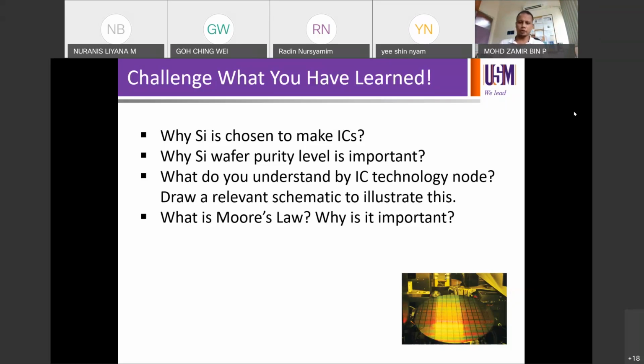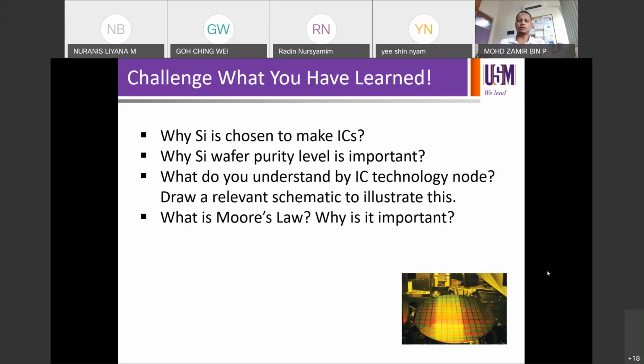Why is this law important? Any idea? Hazika? Smaller transistors fabricated.